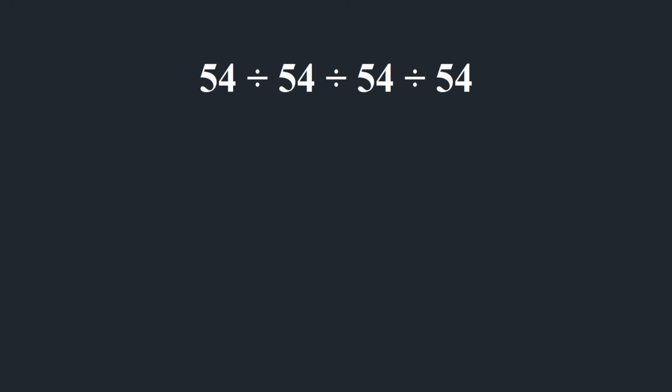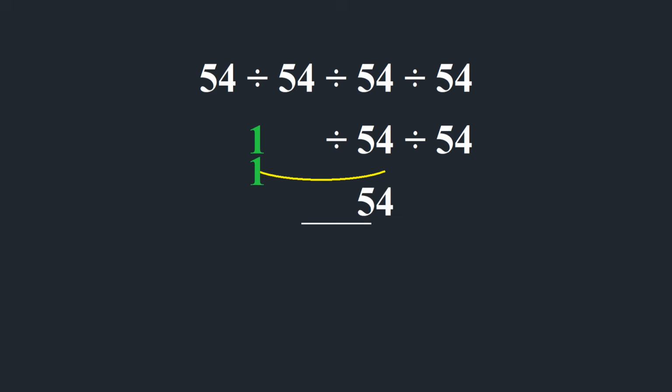So we have first this division: 54 divided by 54 equals 1. So we have 1 divided by 54 divided by 54, and we can write this part as 1 over 54 divided by 54.